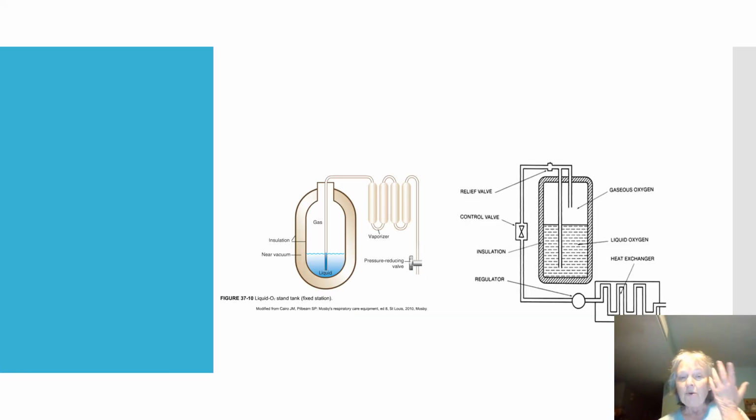This is just showing you 2 different drawings of it. As you can see, there's your liquid at this particular point, very cold. What we're going to do is warm it up. Here's the heat exchanger, and then we turn it into a gas. Converting it into a gas, we put it into the piping system, and now we're able to deliver it to the patients.